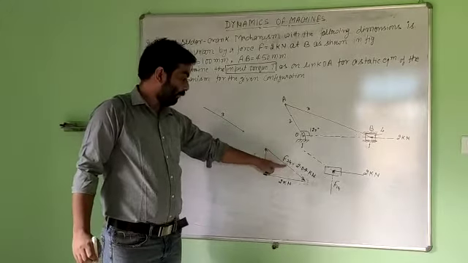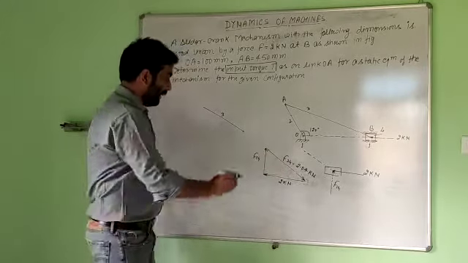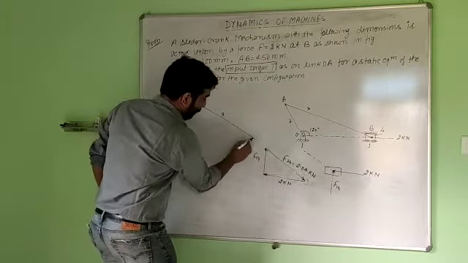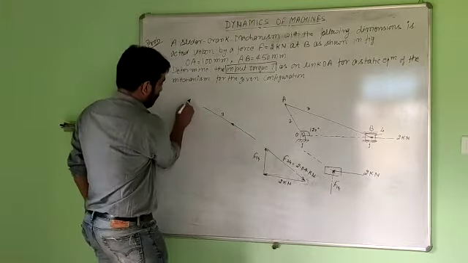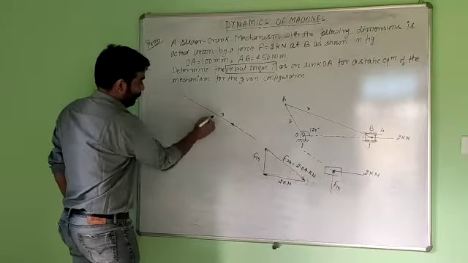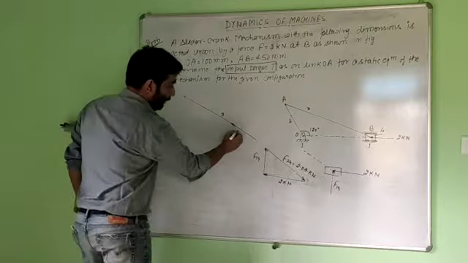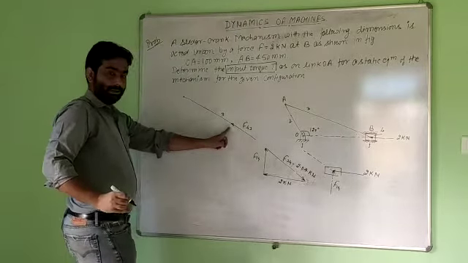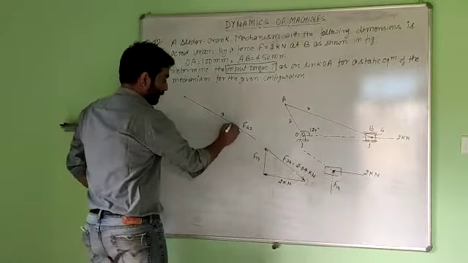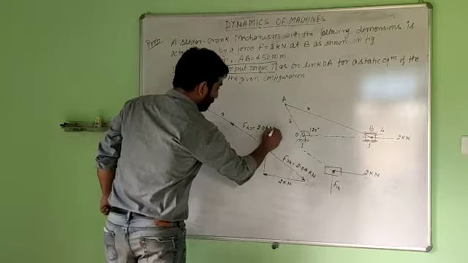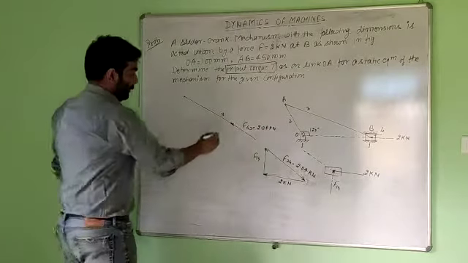So the link 4 will provide an equal and opposite force equal to this one. This is link 3. We will have equal and opposite force F43, compression in nature. Magnitude is 2.04 kilonewton.